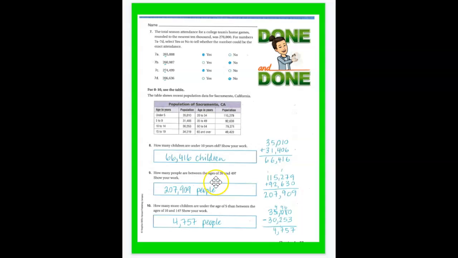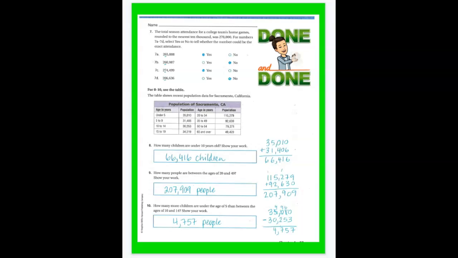Because the question is asking between 20 and 49, I will add those two numbers, 115,279 adding 92,630, giving me 207,909 people.